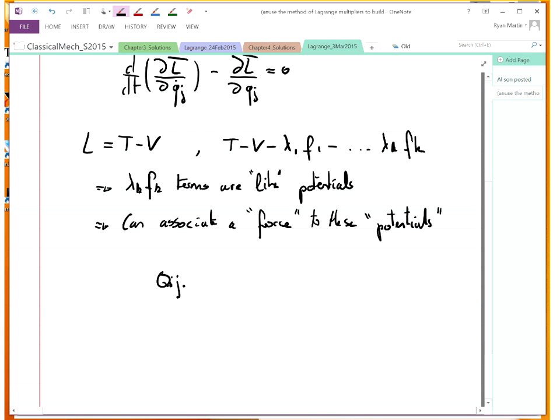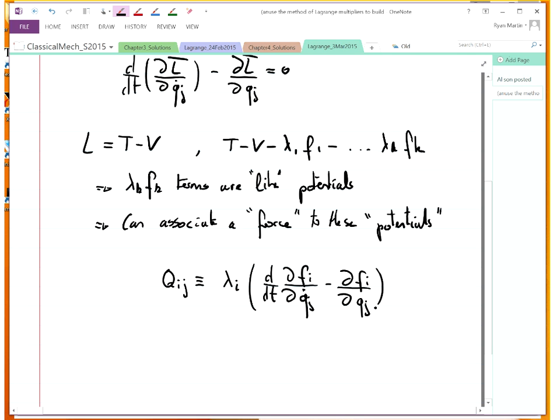And so you can have a generalized force, which I'll label capital Q_ij. And so we could define these forces as lambda_i d/dt of ∂f_i/∂q_j dot minus ∂f_i/∂q_j.